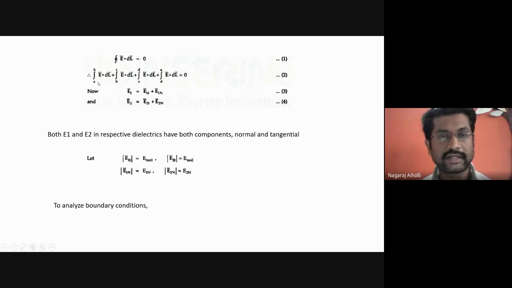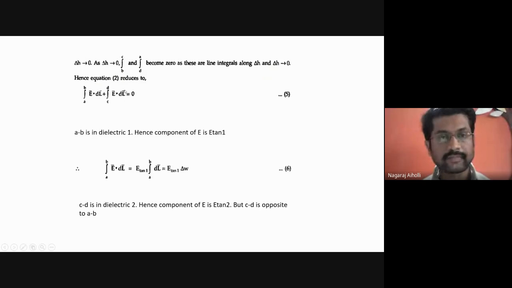Only two integrals will be there, one is A to B, another one C to D. Hence equation 2 will become integral A to B E bar dot DL bar plus integral C to D E bar dot DL bar is equal to 0. Let this be taken as equation number 5.